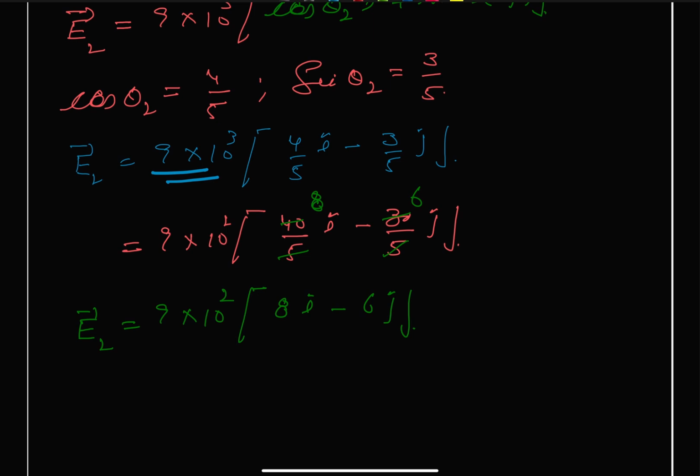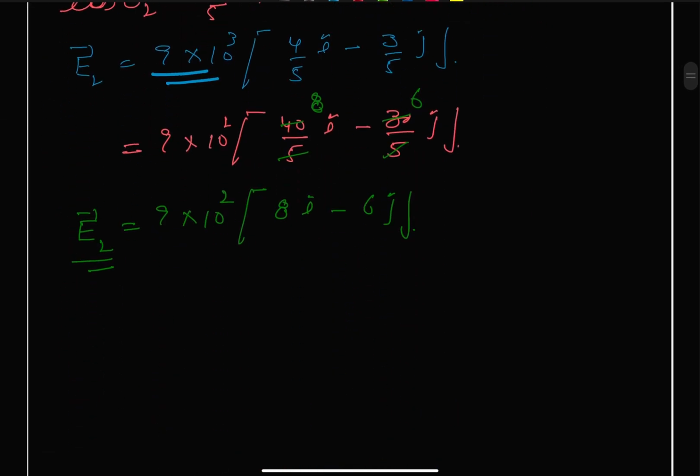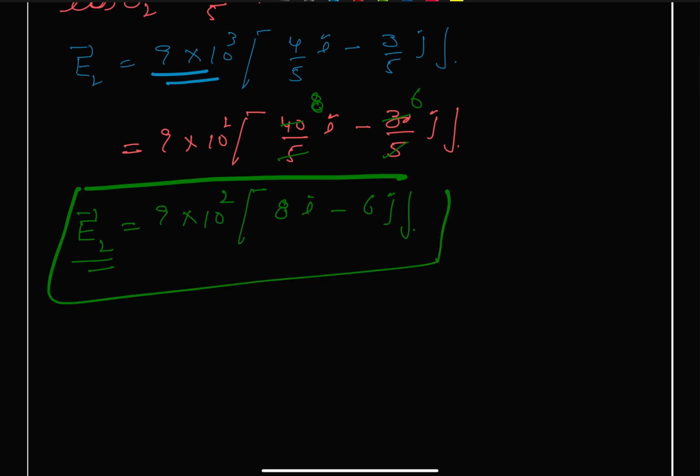So we have our E2 as well as we have our E1. So we can easily find out the electric field. That is our E will be equal to our E1 plus E2.